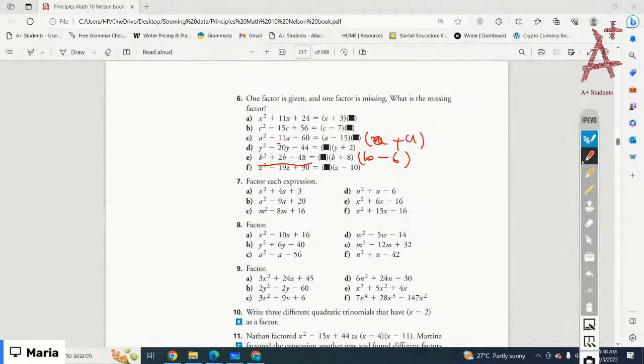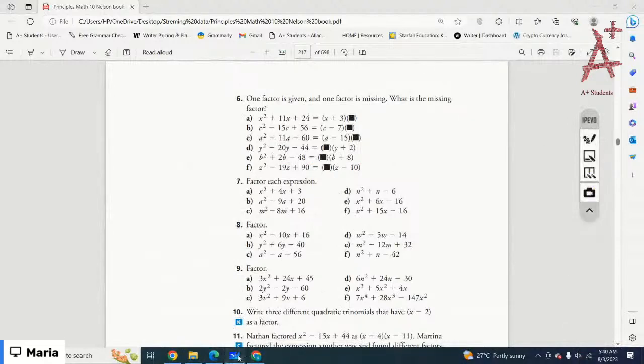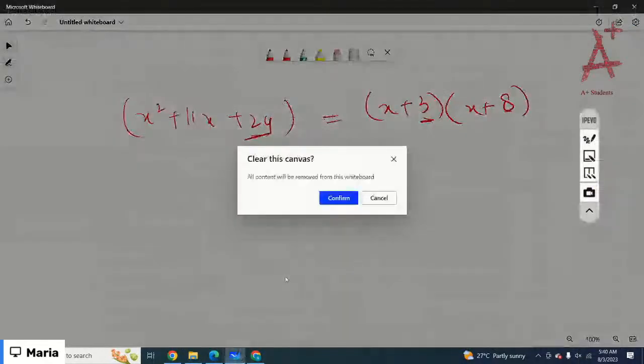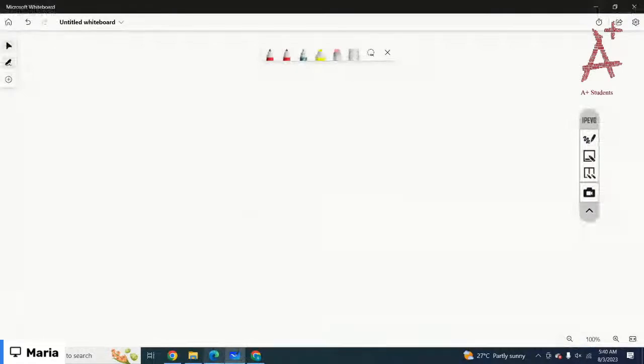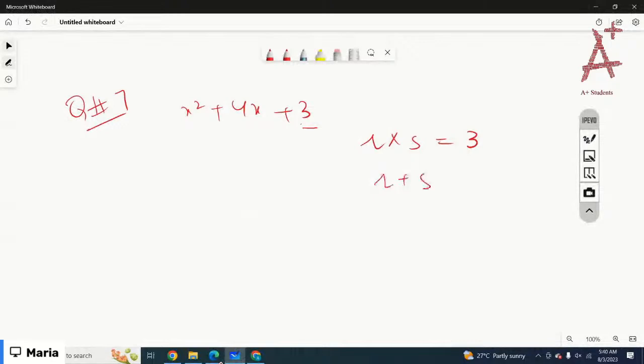Okay, let's just start with question number 7. Factor each expression. x square plus 4x plus 3. Think of the two numbers that when multiplied make 3 and when added make 4. 3 plus 1, isn't it?